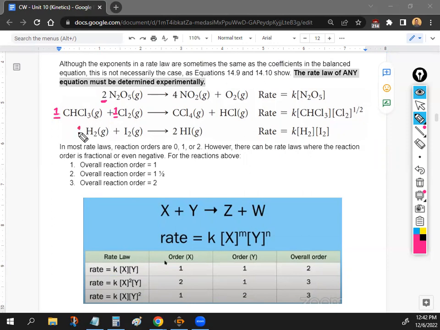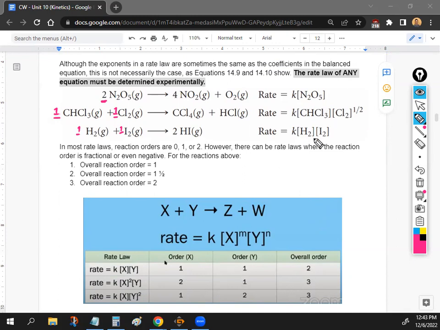And then the last one, it's 1 and 1, and you get 1 and 1 as you would expect. If it's not given to us, then you can usually assume that it's going to be the coefficients. I know it's kind of confusing because I'm giving you a rule that doesn't always work, but just be aware of that.